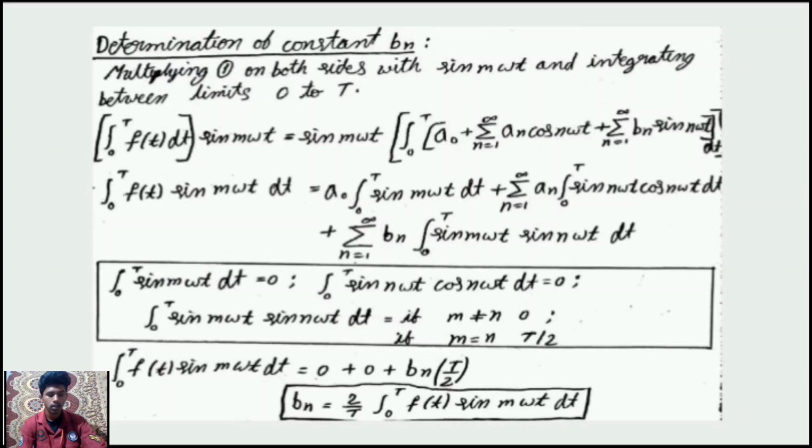So here integral of 0 to T sin m omega t dt becomes 0.